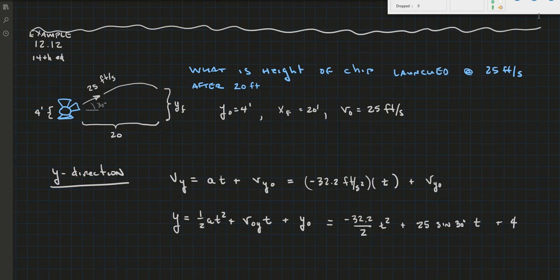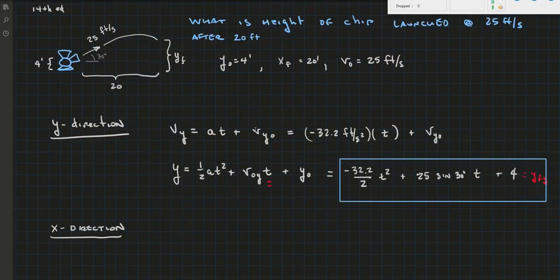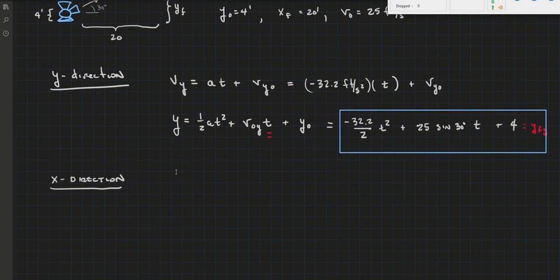So this y is essentially our y final. Well, we need to determine what t is, how long it takes for this to get that far. That's one way to solve this problem. So let's do that. We can use the kinematics of the x direction to determine how long it takes to move across this 20-foot span.